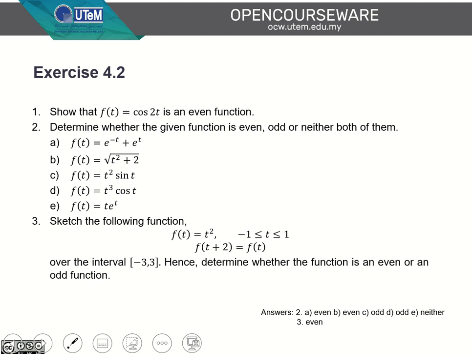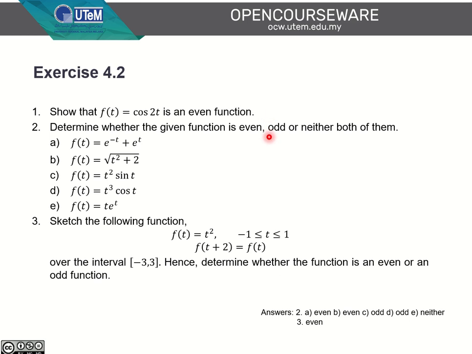So these are a few questions that you can try to test whether you understand how to determine whether a function is an even function, an odd function, or neither of them.